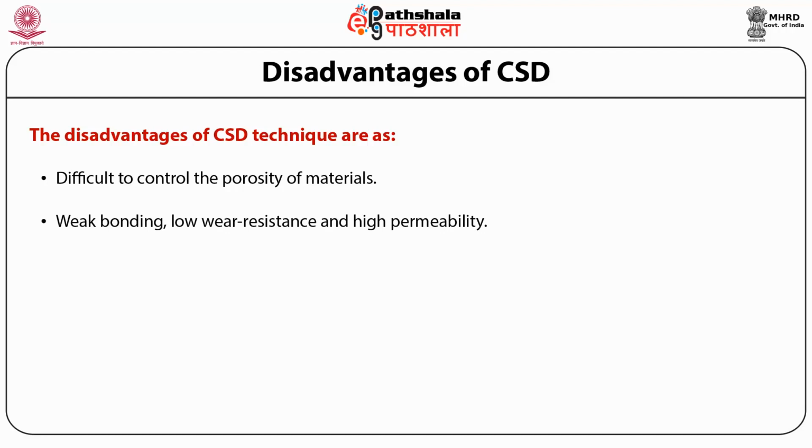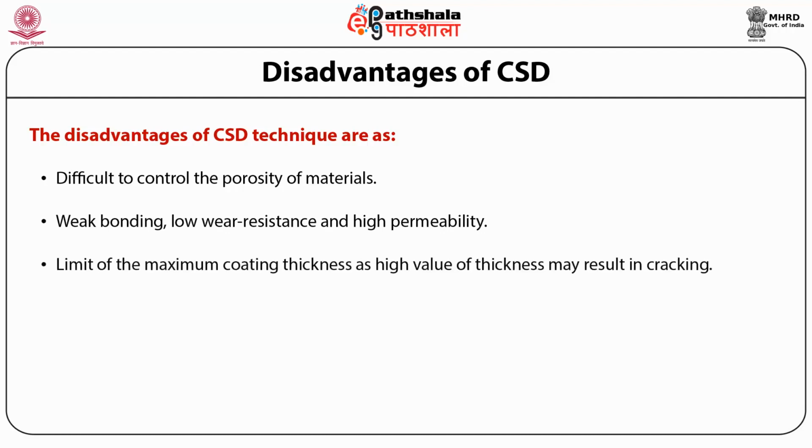Number three, limit of the maximum coating thickness, as a high value of thickness may result in cracking of the films. That means we can only achieve a certain level of thickness using CSD technique, above which the film starts cracking. And lastly, CSD technique is not suitable for bulk production.